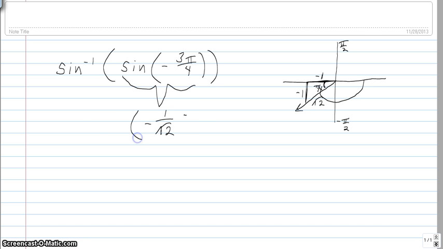And then I still want to take the inverse sine of that. Remember that whenever we compute the inverse sine, the angle that results must be in this range, whatever the angle is, theta, or whatever you want to call it.